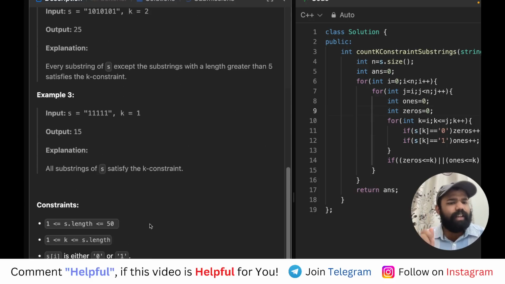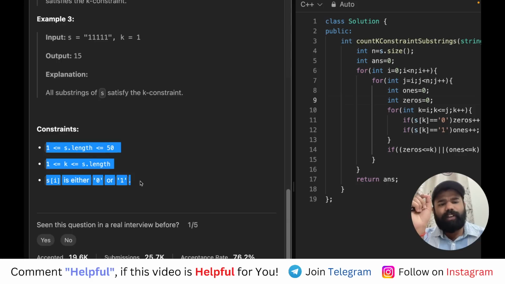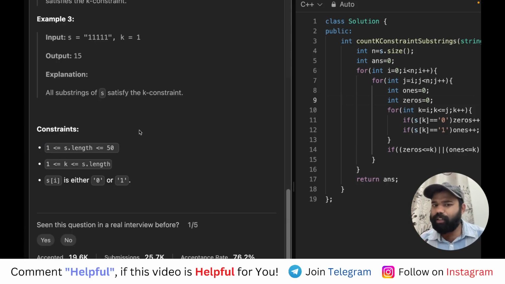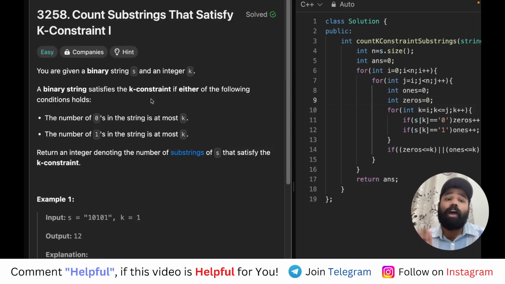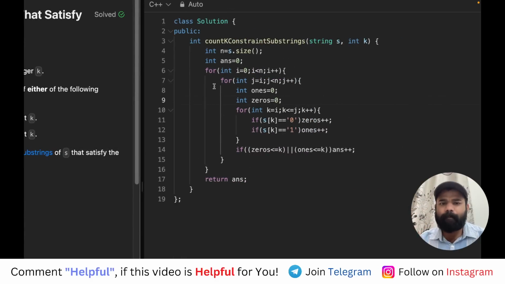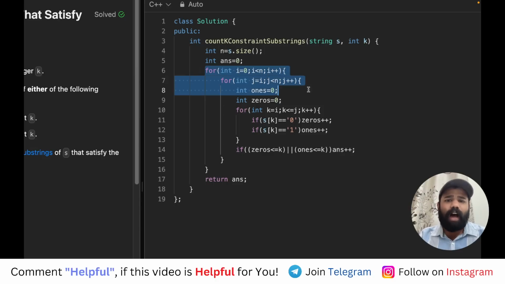If we look here, the constraints are very low. The constraint k is just up to 50. So because it's just 50, we can even apply O(n cube) time complexity here, and that is what I'm doing for the first question. I'm applying the first 2 loops of i and j.